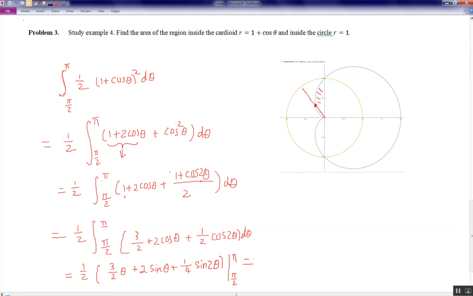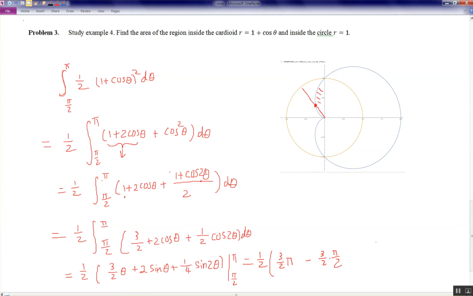Alright, and then plug in these two values. When you plug in pi, those terms will be 0. So we are left with 3/2 pi. When you plug in pi over 2, the first term is 3/2 times pi over 2.